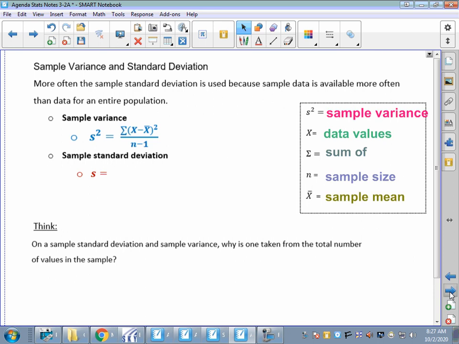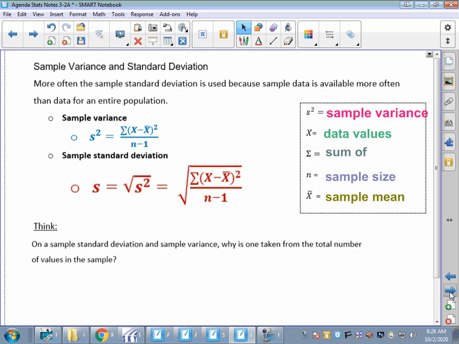So we're going to need to calculate the mean. Then we're going to need to make ourselves a little table in order to do our calculations. So sample standard deviation is literally the square root of the variance, or if you prefer, the square root of our sum of our x minus x bars squared, and then divided by n minus 1.